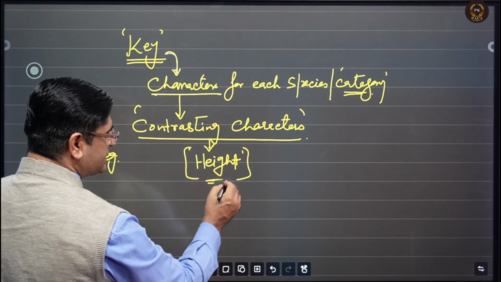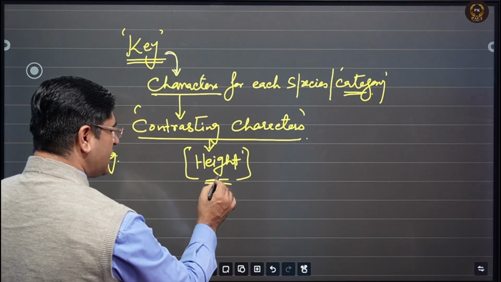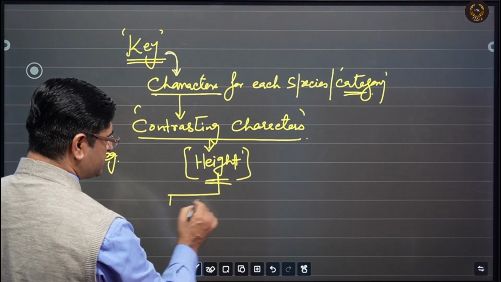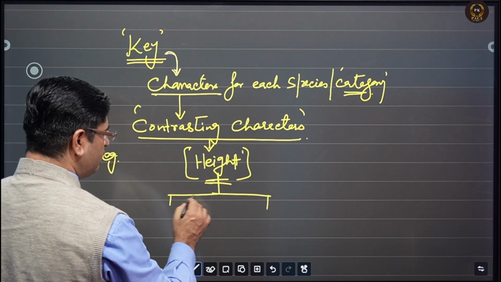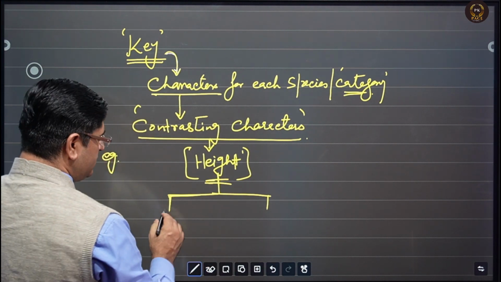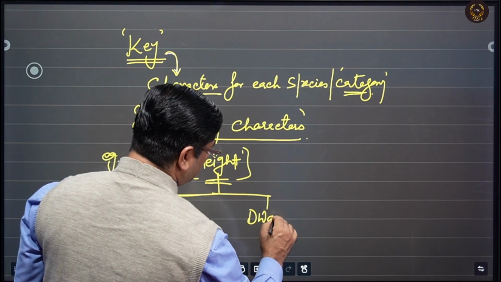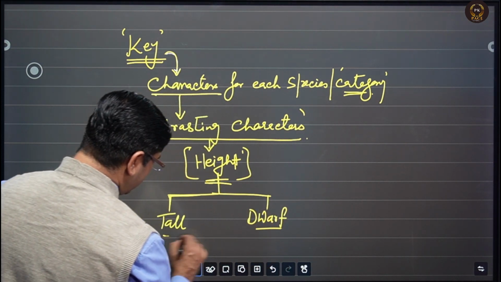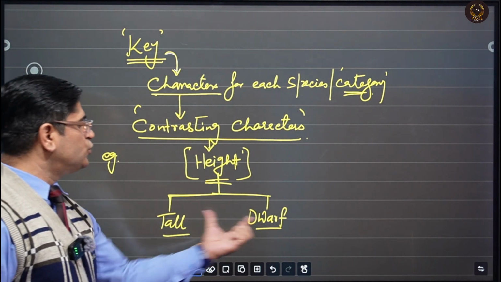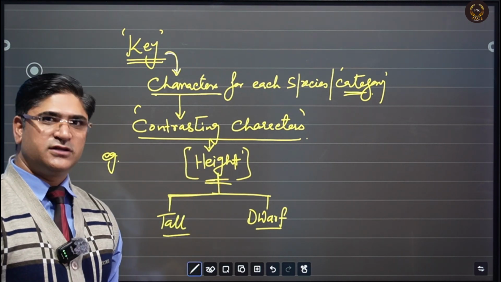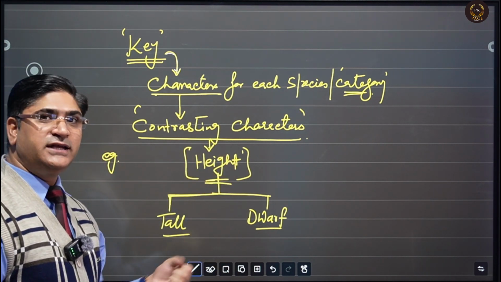This height is a character, but it may have two options, like tall and dwarf. These are the two options of the height character.